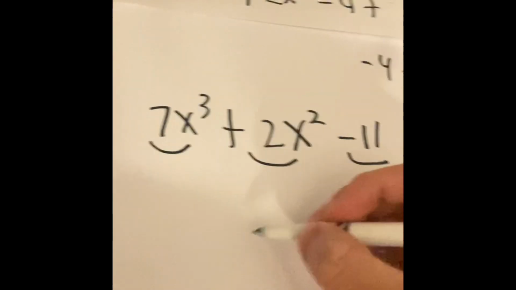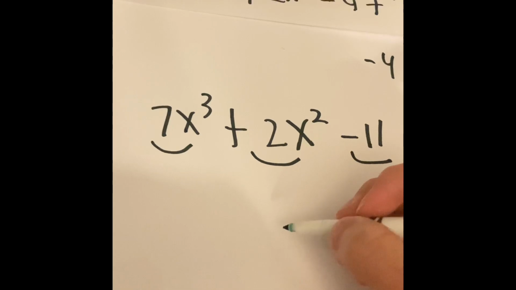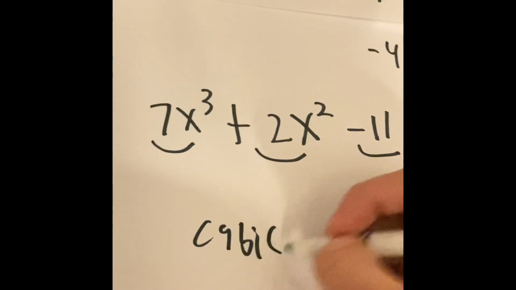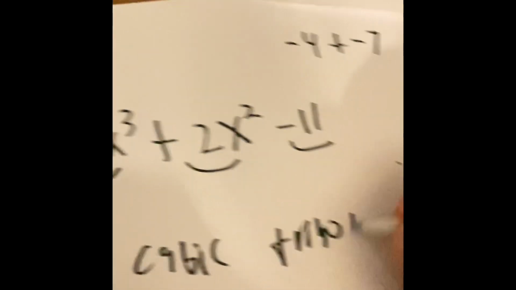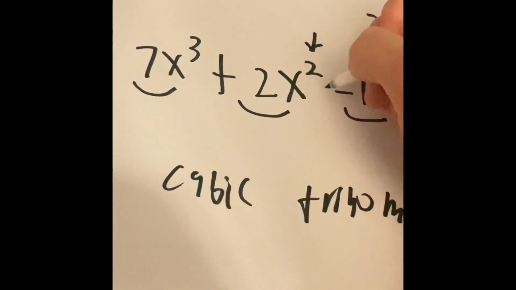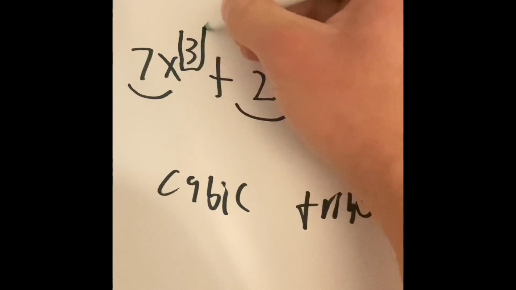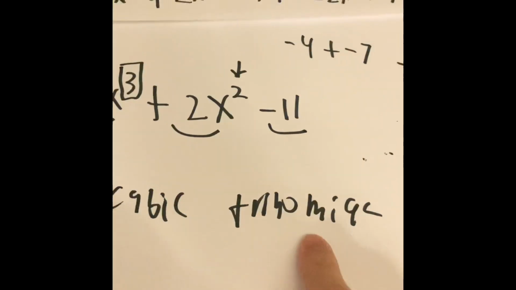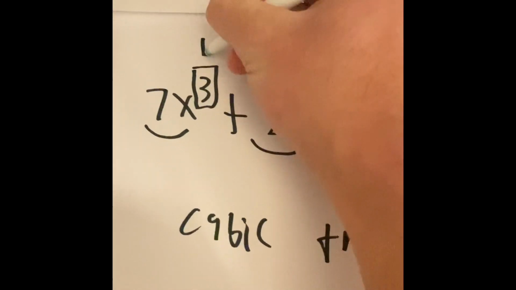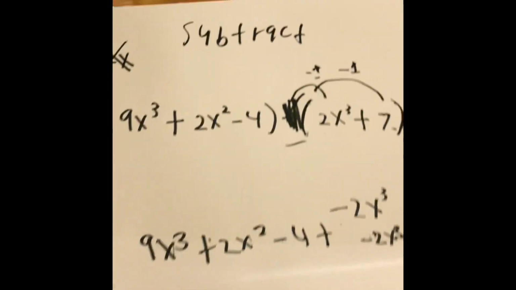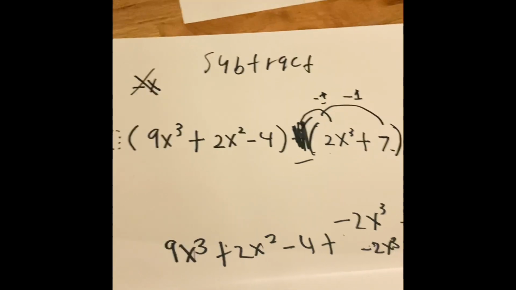But the name, instead of a quadratic trinomial, we're going to call it a cubic trinomial, because even though there's a square right here, or a number 2 as an exponent, the biggest number always wins the game. That's why we call it a cubic trinomial, because the biggest exponent is a number 3. That is how we subtract polynomials.